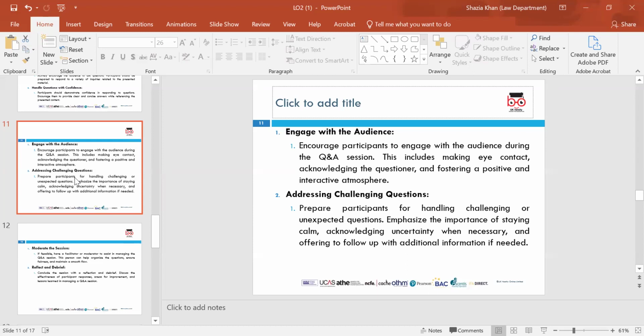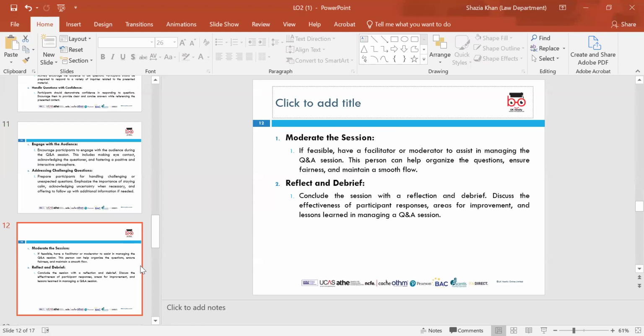So if someone asks you a question and you don't know the answer, you can tell the person or the audience listening to your presentation that you will get back to them with extra information, or you will research it and get back to that person. Okay, so that shows that you are able to collaborate and get on with the audience.